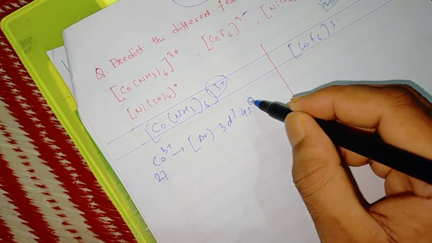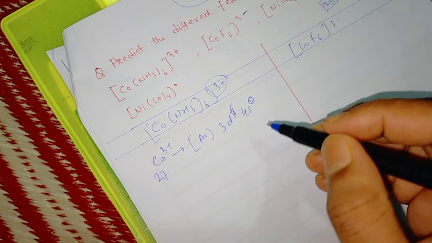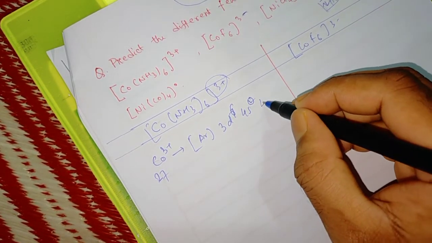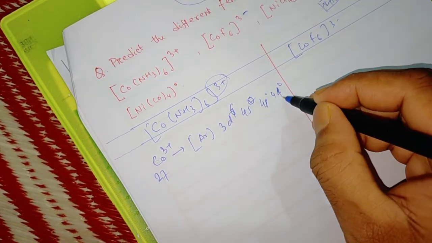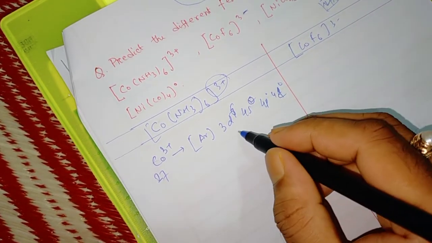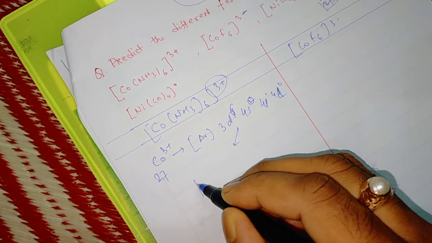So 2 electrons go out from this one, 1 electron goes out from this one. Then we have to write 4p0, 4d0.